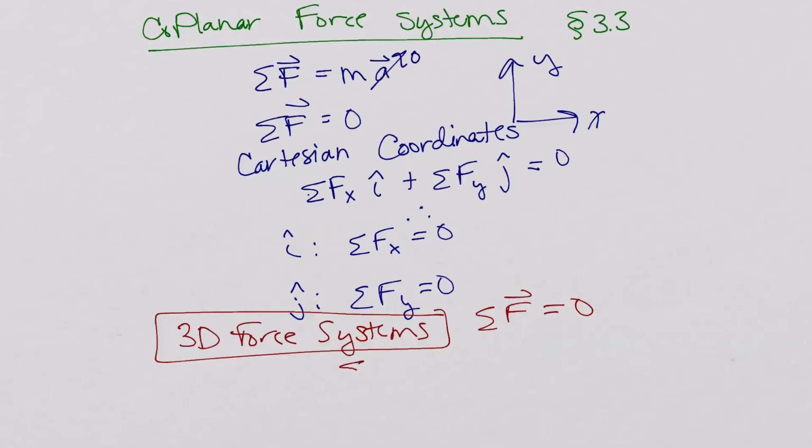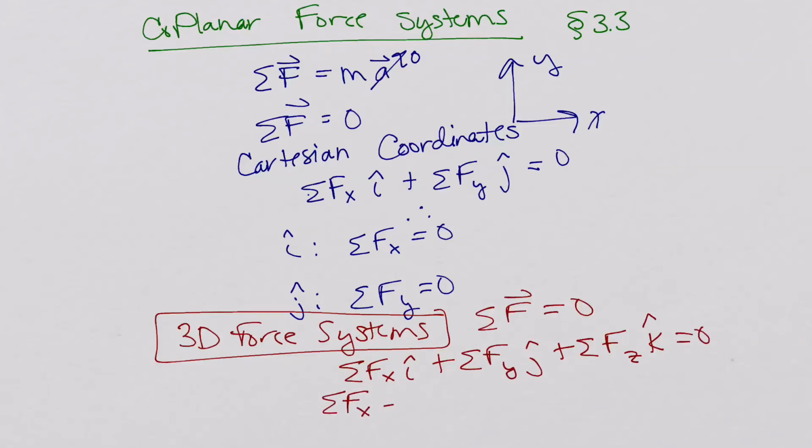So the sum of the forces in the X direction, i, plus sum of the forces in the Y direction, j, plus sum of the forces in the Z direction, k, equals 0. And then we can just break it up to the sum of the forces in the X direction equals 0, sum of the forces in the Y direction equals 0, and sum of the forces in the Z direction equals 0.